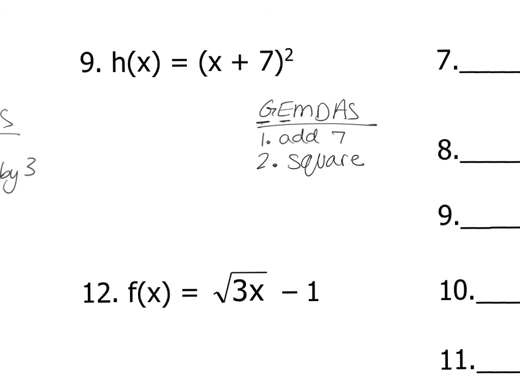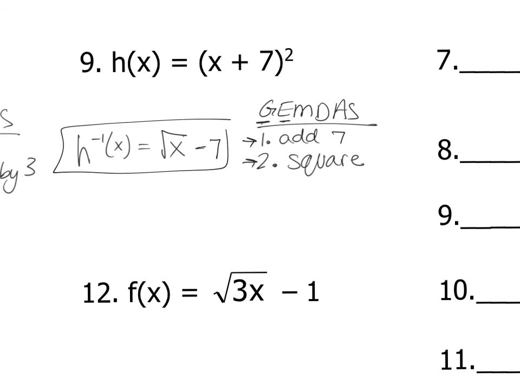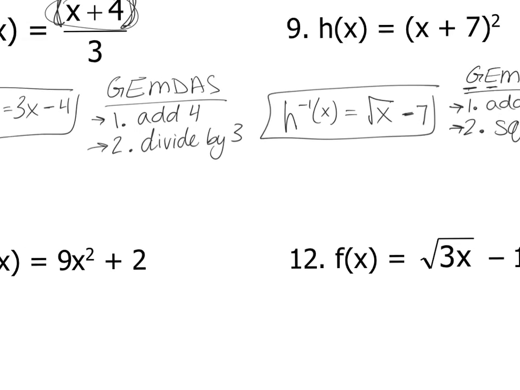So we're ready to write our answer. h negative 1 of x happens when we take x. So we start at the bottom. Instead of squaring, we must square root the x. And then we're going to not add 7, but subtract 7. Notice how that subtract 7 is not part of the square root, because first we square rooted and then we subtracted.